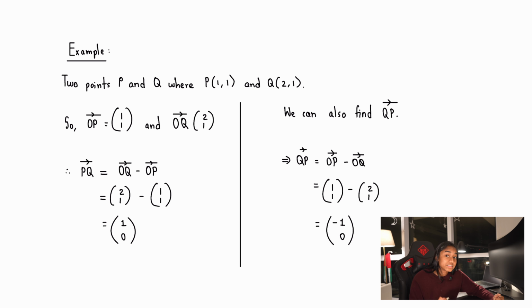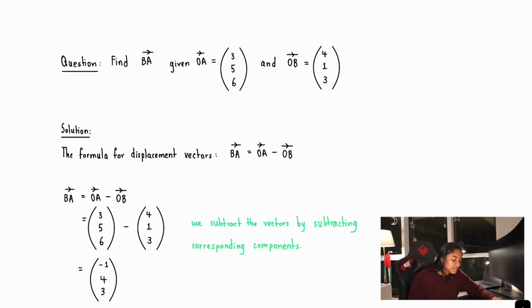And we could also find QP. So QP, remember, this will come first here, so OP minus OQ, and that's how you find it. So then we plug it in, subtract to get the answer, (-1, 0). That is QP, and this was PQ. That's how you use displacement vectors.